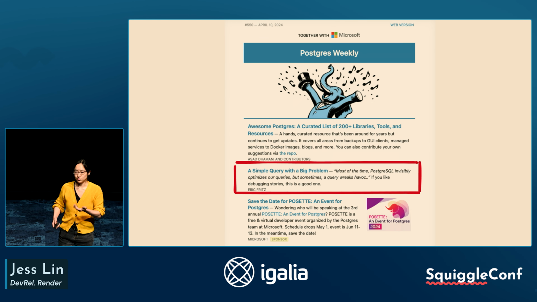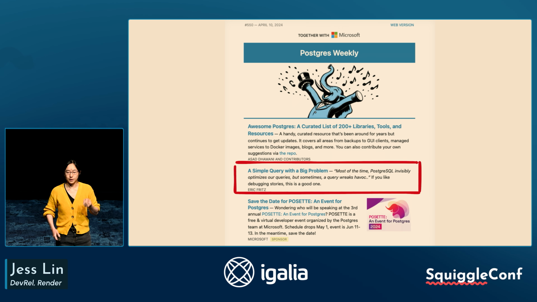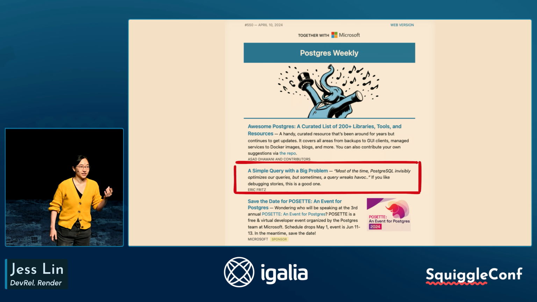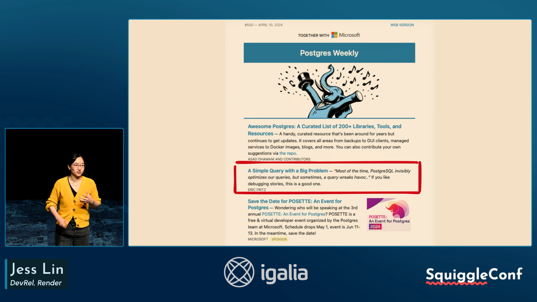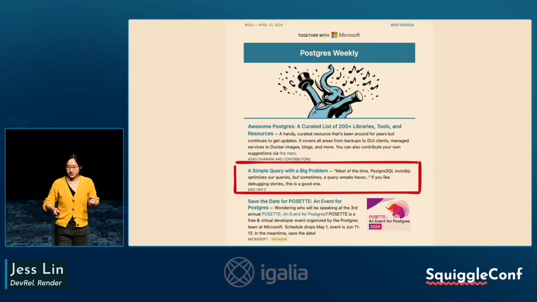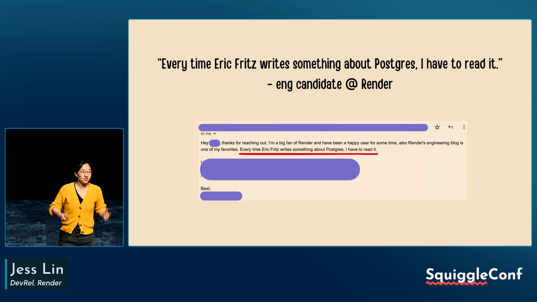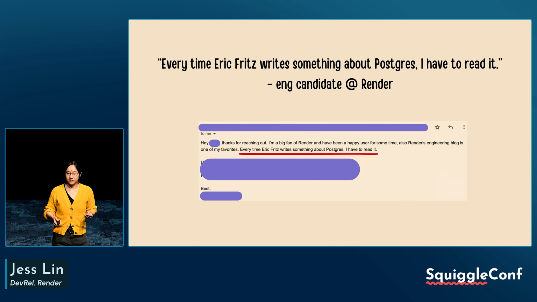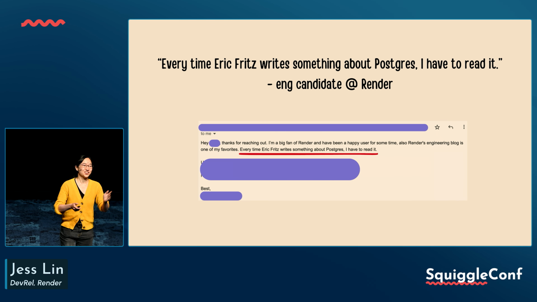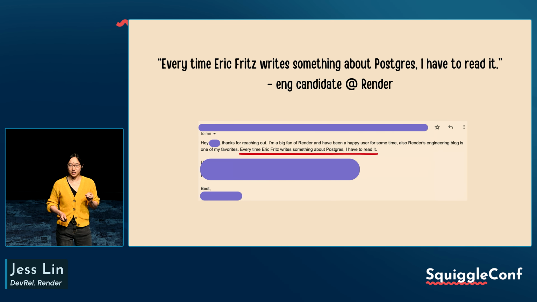First of all, this piece was organically picked up by Postgres Weekly and put at the very top of their newsletter, which goes out to over 16,000 readers. We also had an engineering candidate write in to say, every time Eric Fritz writes something about Postgres, I have to read it. So this is after only 3 posts. So something is clearly going really right here.